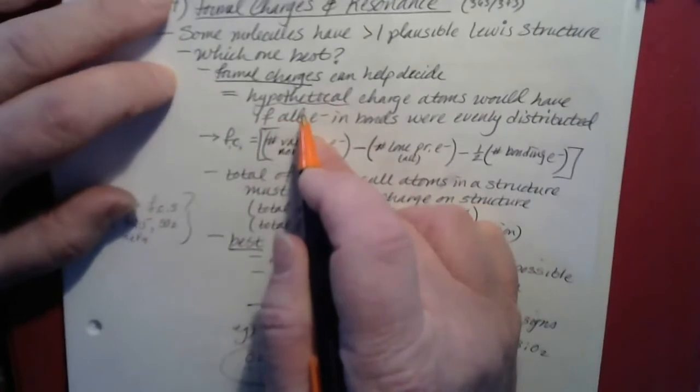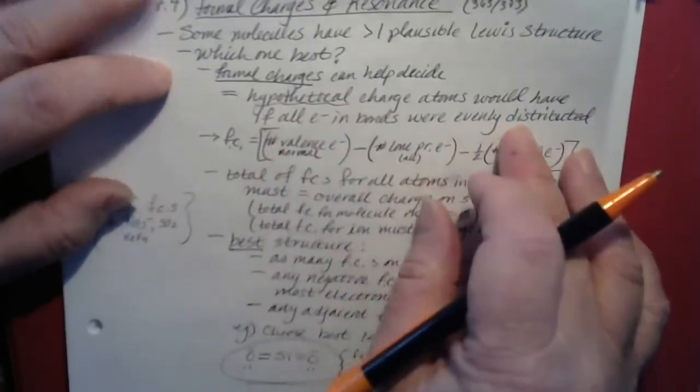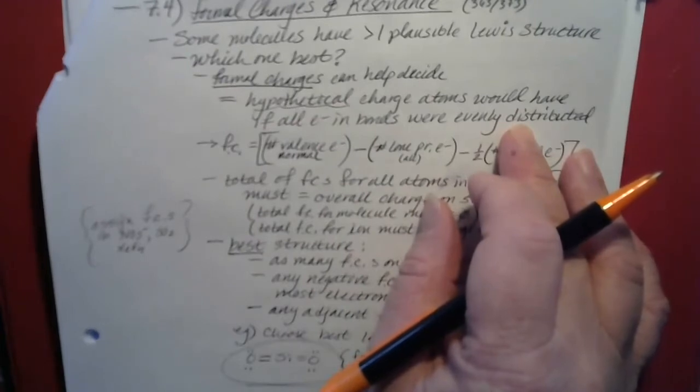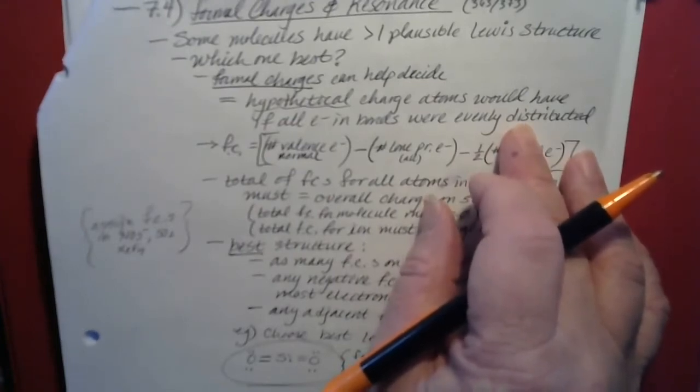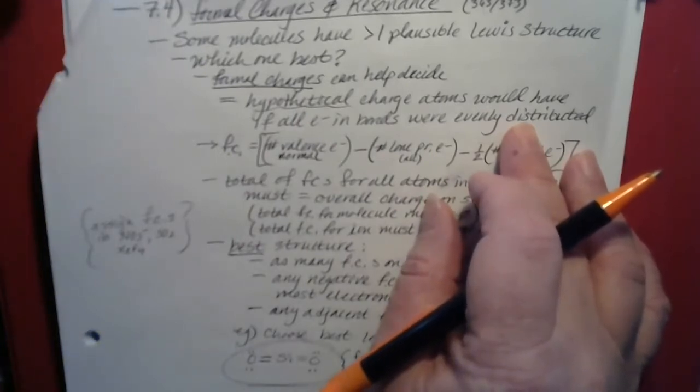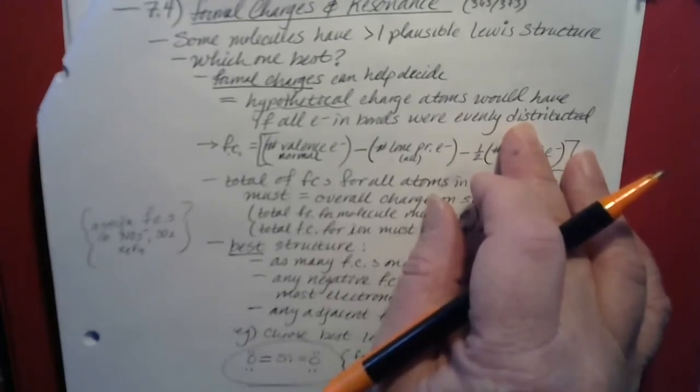The formal charge is really just a hypothetical charge that an atom would have on it if all of the electrons in all of the bonds in the molecule were distributed evenly. It's a hypothetical charge, not a real one, because in real molecules the electrons in bonds are usually not distributed evenly, since most bonds involve atoms of elements that have different electronegativities.